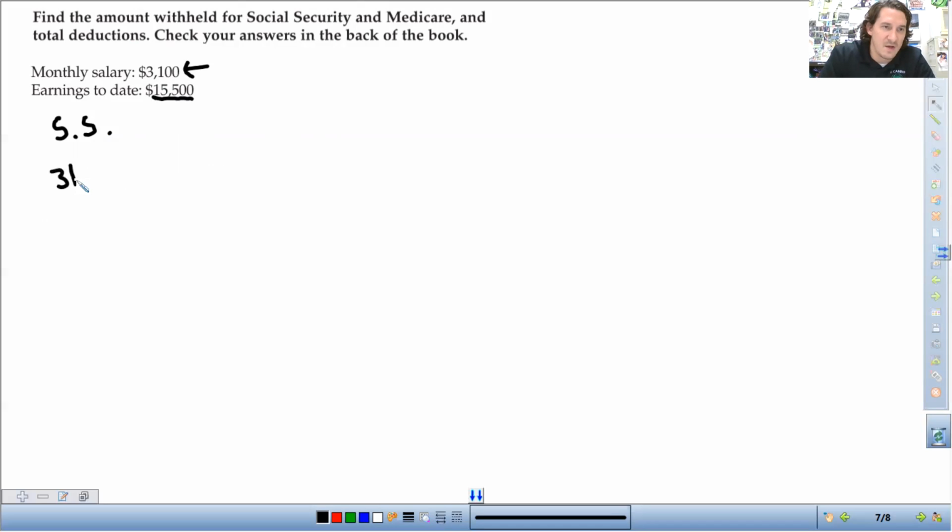So the gross pay times the Social Security tax rate, 0.062. I put one too many zeros here. It's not 31,000, it's 3,100. So 3,100 times 0.062 comes out to $192.20.